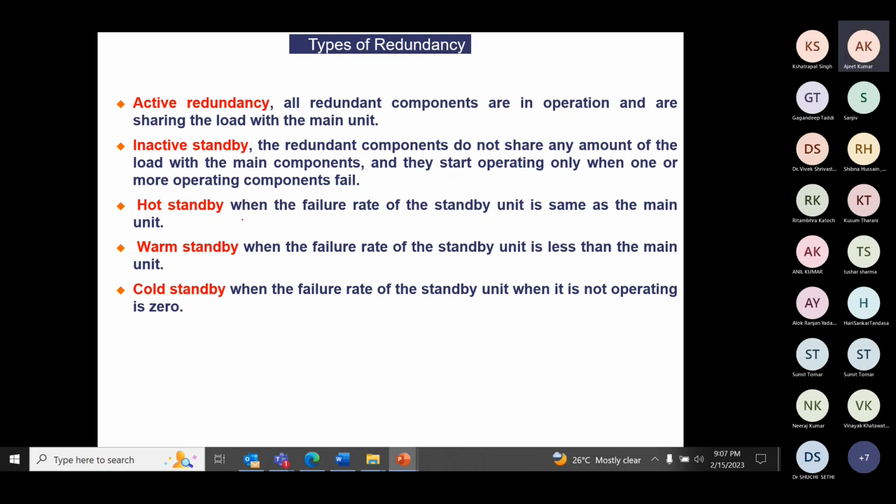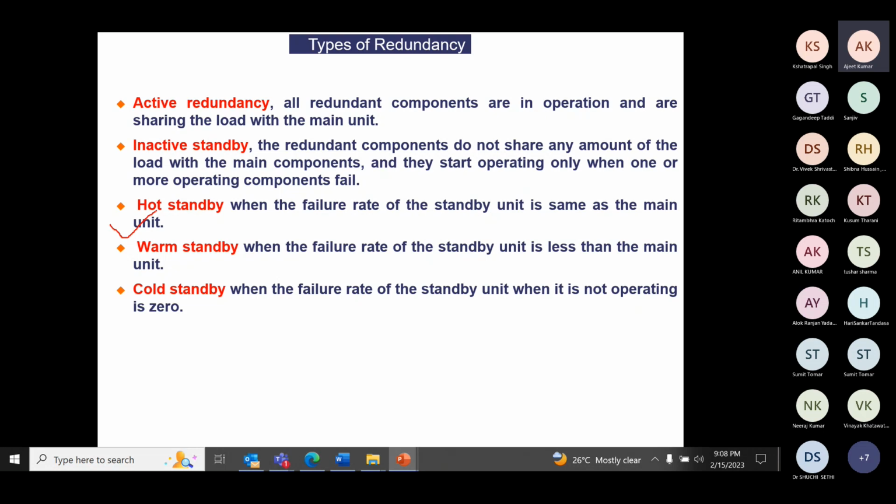Hot standby is like active only, when the failure rate of the standby system is the same as the main unit. Warm standby is when the failure rate of the standby unit is less than the main unit, and cold standby is when the failure rate of the standby unit, when it is not operating, is 0. So for any kind of safety application or real-time application, we always use hot standby, because we don't depend on switching.